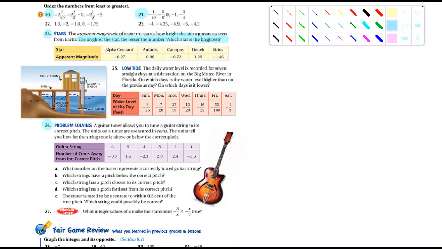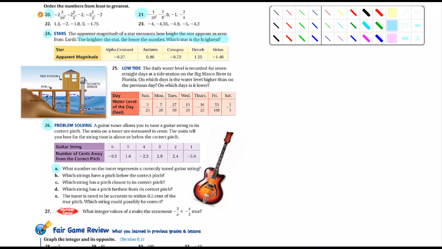Let's see, which number on the tuner represents a correctly tuned guitar string? Let's double check. A guitar tuner allows you to tune a guitar string to its correct pitch. The units on the tuner are measured in cents. The units tell you how far the string tone is above or below the correct pitch. I'm trying to understand this for myself.